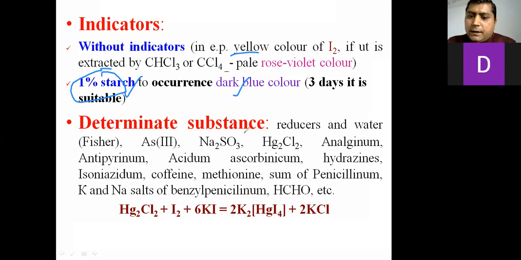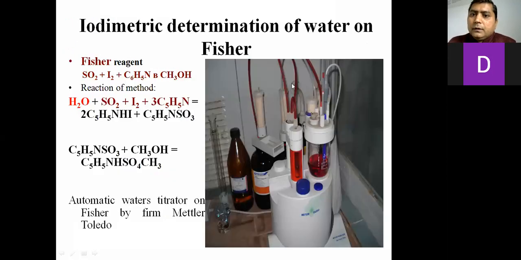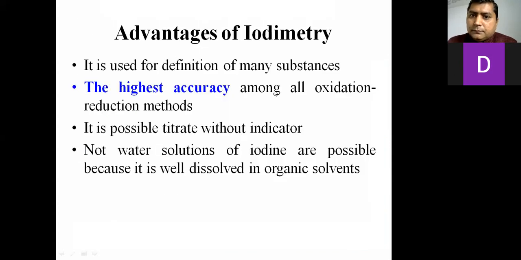We can determine a number of substances, like penicillin, methionine and caffeine; these drugs can be ascertained by iodometry titrations. Water can also be determined by iodometry titrations, using Fischer reagent to determine its purity. We are not going into detail about water.